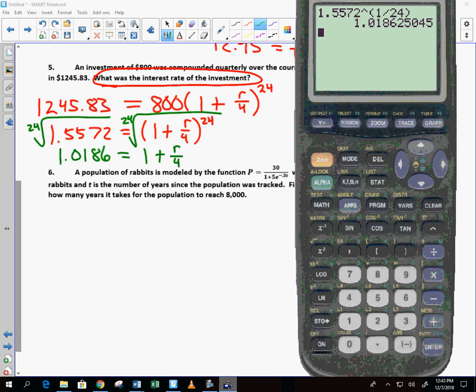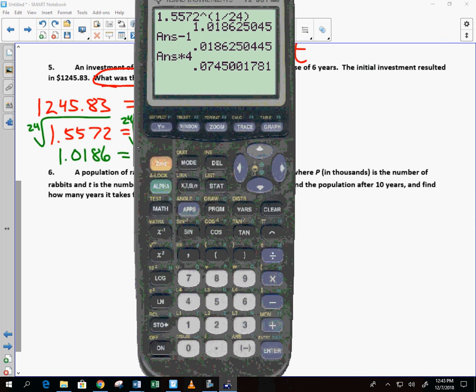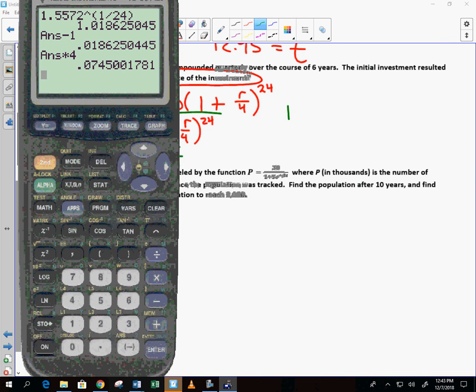Now, I've gotten rid of that 24. What do I do to solve? Subtract the 1. After I subtract the 1, times by 4. And you can see we get a grand total of 0.0745. R equals 0.0745, or 7.45%.